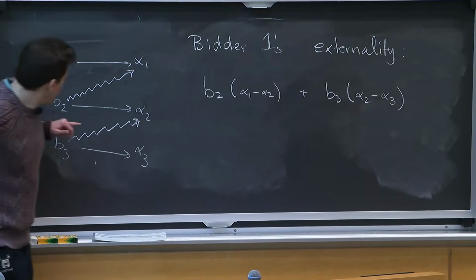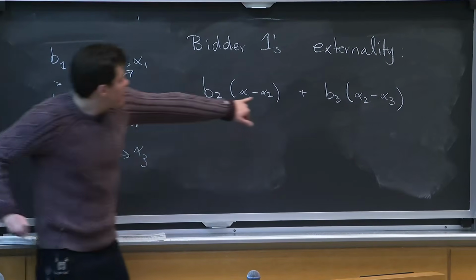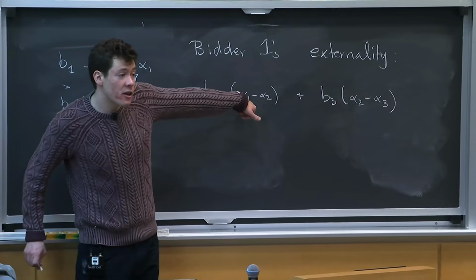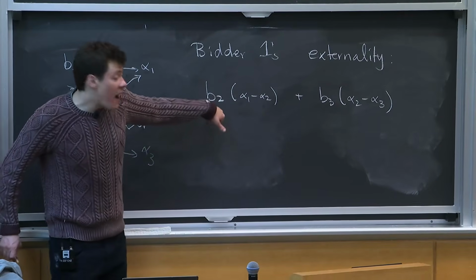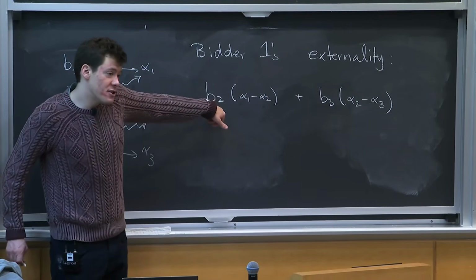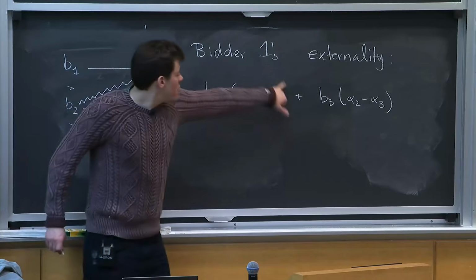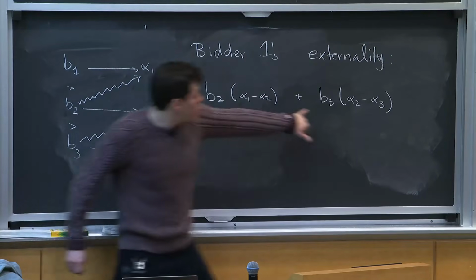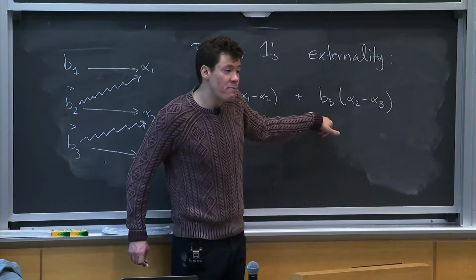So what happens, bidder 2 gets alpha 2 instead of alpha 1 as their click-through rate, and their value per click, let's treat it as their bid, B2. This is the externality imposed on bidder 2, and this is the externality imposed on bidder 3.